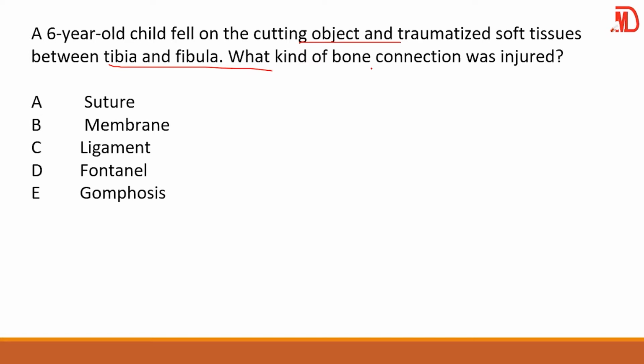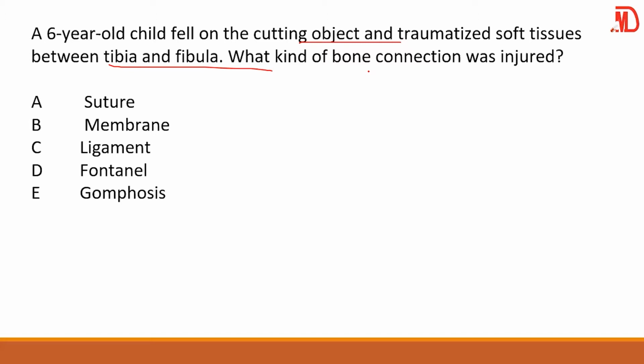Interosseous membrane or ligament. I wish I could show you, but unfortunately, I don't have the diagram to show you. But it's a connection between two bones, the tibia and the fibula.